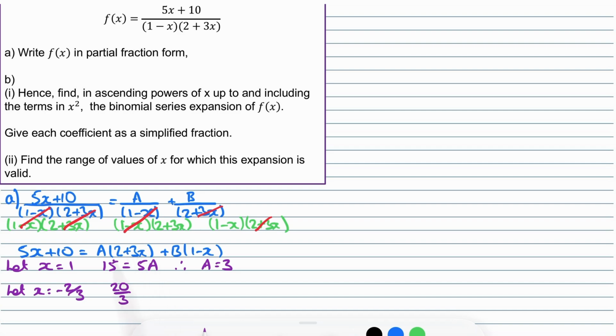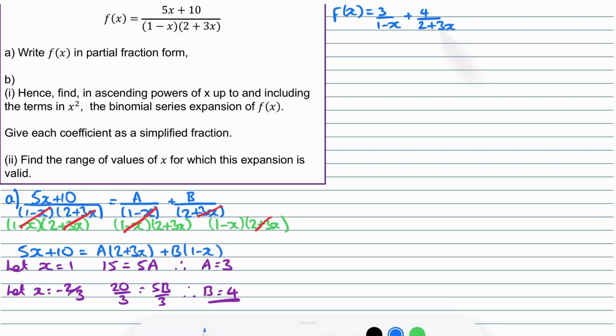The A term will become 0, and the B will have 1 minus the negative 2/3, so we'll have 5B over 3. We can cancel out the 3s, so B must equal 4. Now we can substitute in our values for A and B back into these partial fractions. So we get f of x is 3 over 1 minus x plus 4 over 2 plus 3x.